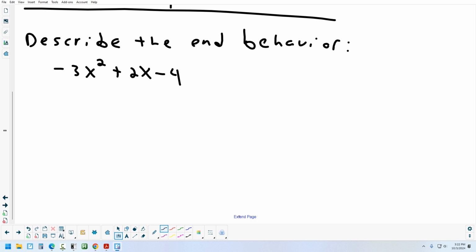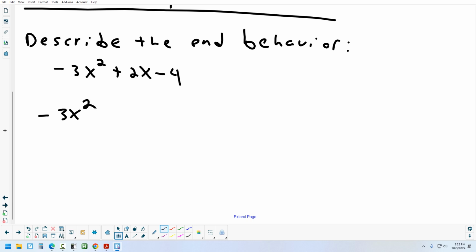So all you have to do is focus on the EBM, and then once you're focused on that, there's two things we have to look at. What's the EBM in that one? Negative 3x squared. Yep, negative 3x squared.